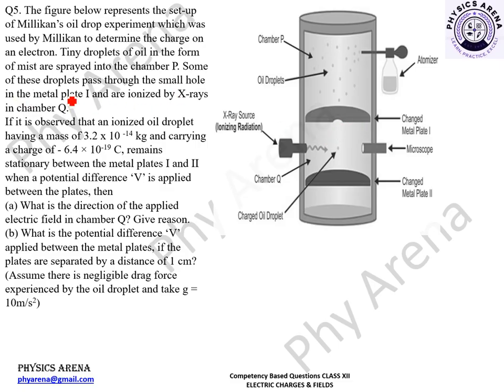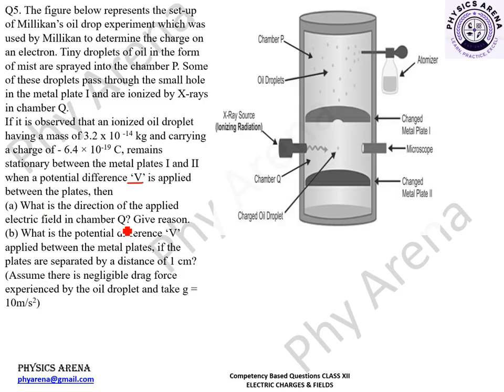It is given that some of these droplets pass through the small hole in the metal plate 1 and are ionized by the X-rays in chamber Q. So this is chamber P, and this one between the plates is chamber Q. In between the plates, it is observed that the droplet, which has mass 3.2 multiplied by 10 to the power minus 14 kg and carries a charge of minus 6.4 multiplied by 10 to the power minus 19 coulomb, remains stationary between these two plates when a potential difference V is applied. Now, based on this fact, we need to answer these two parts.